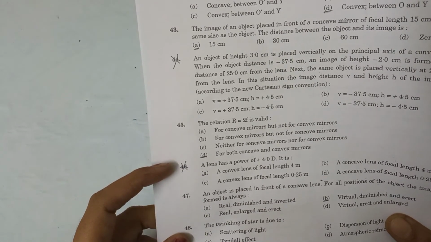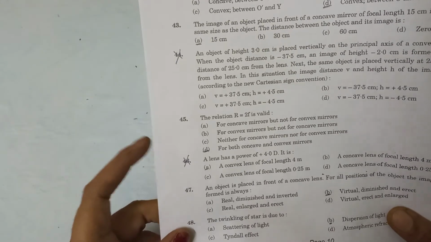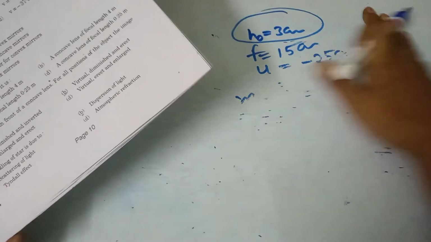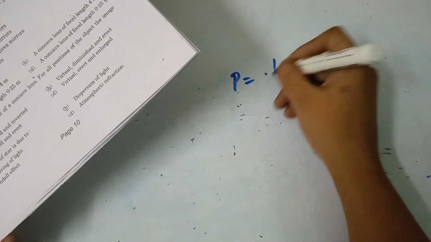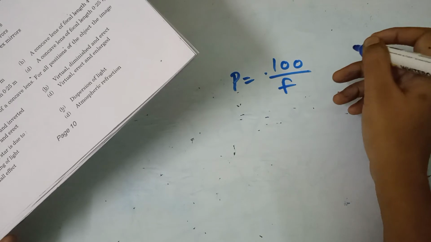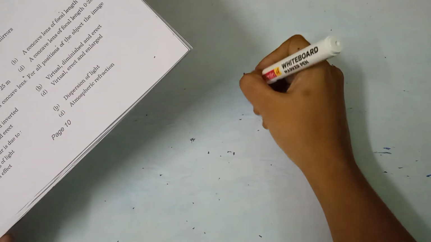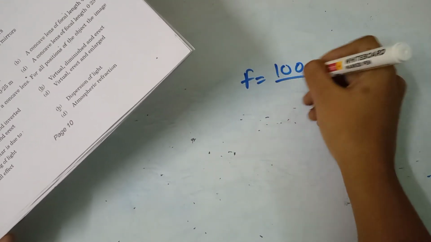In 46th question, a lens has a power of 4 dioptre. So we know power is equal to 100 by focal length, or we can say focal length is equal to 100 by power.